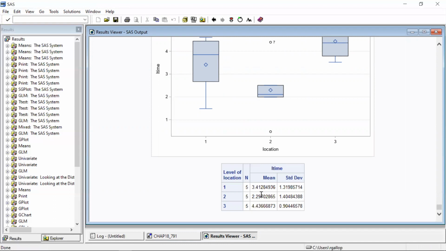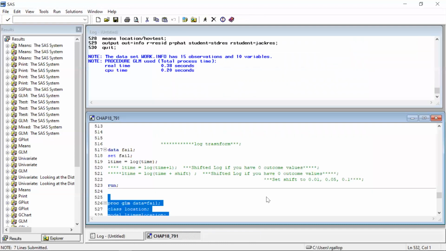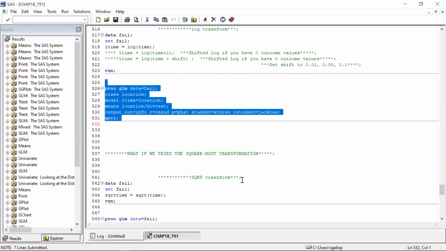So again, the average failure time for location 1 is 3.4 log units. It's one problem with the transformations.